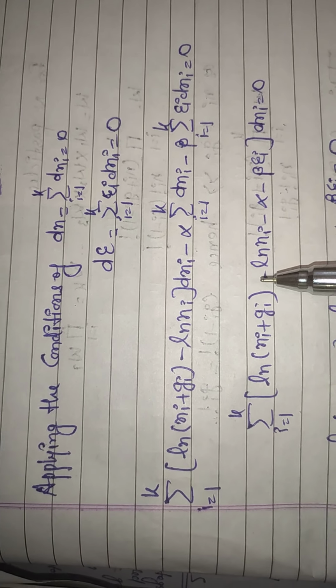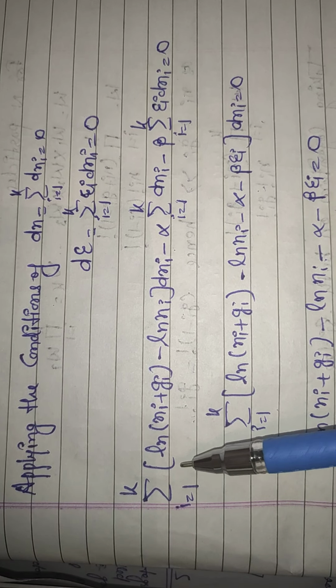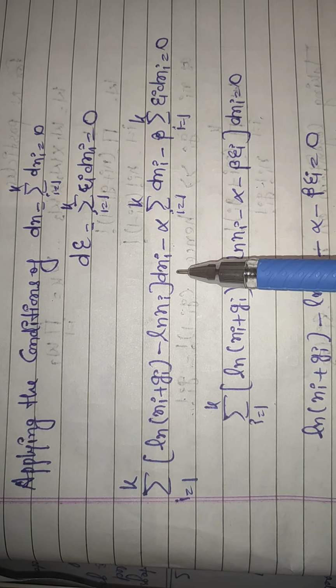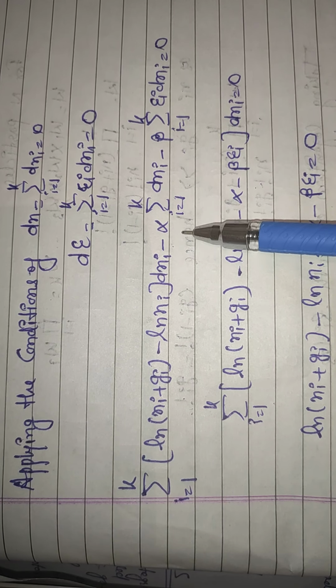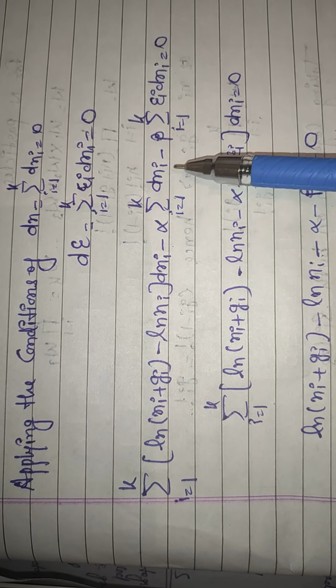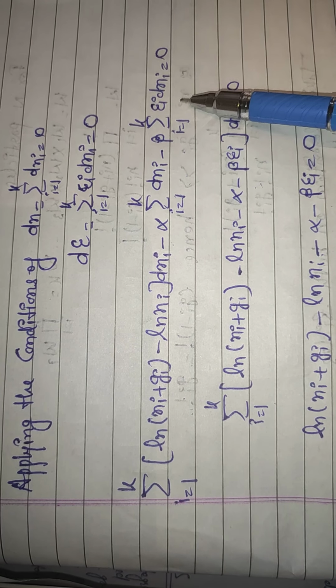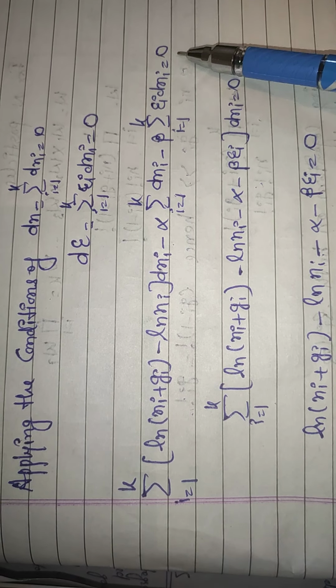We are left with summation of i equals 1 to k of logarithm of (ni plus gi) minus logarithm of ni into dni, minus alpha summation of i equals 1 to k dni, minus beta summation of i equals 1 to k epsilon i dni is equal to 0.